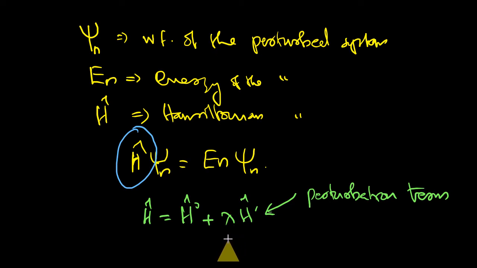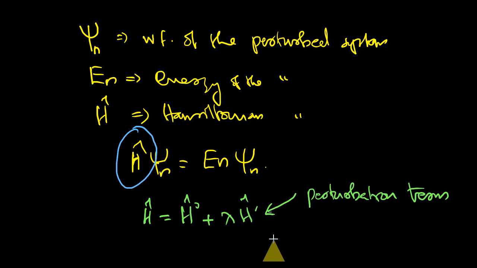Weight of perturbation means if lambda is very large, there is a high degree of perturbation, and if lambda is small, the perturbation is very small. There is only little deviation from the normal state. That is what it is indicating. And now we know how to express the Hamiltonian of a perturbed system: the Hamiltonian of the unperturbed system plus a perturbation term.